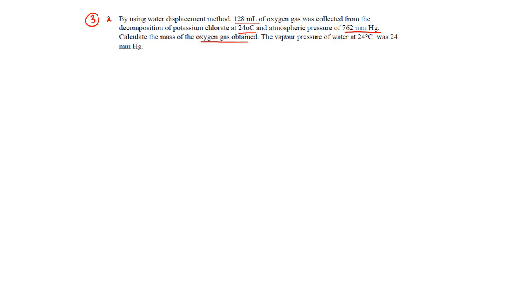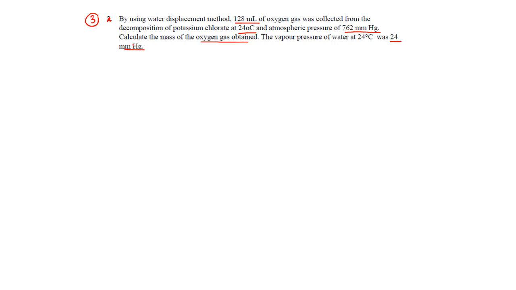And then next, the vapor pressure of water at 24 degrees Celsius was 24 millimeter mercury. So if you notice here, this one is still the water displacement method, but ada extra step yang you kena take note of lah. Pertama sekali dia ada beri dua nilai pressure, iaitu atmospheric pressure dan vapor pressure of water.